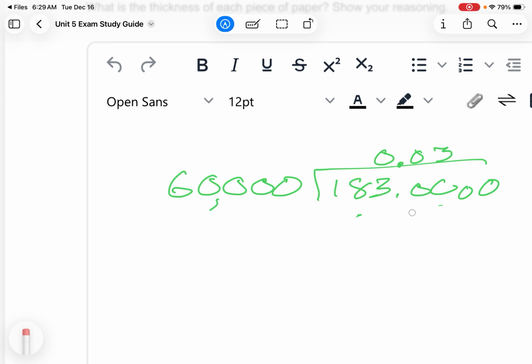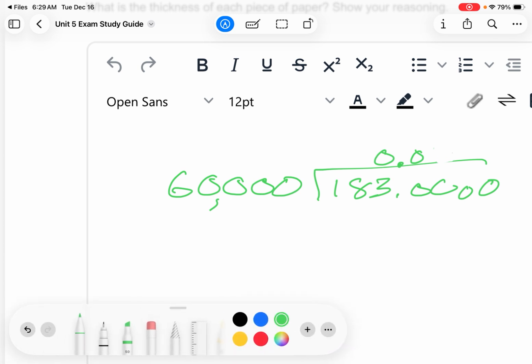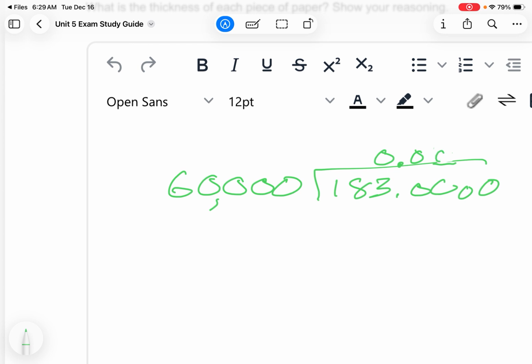And so it doesn't go into there. It goes into here. And so that's 18.